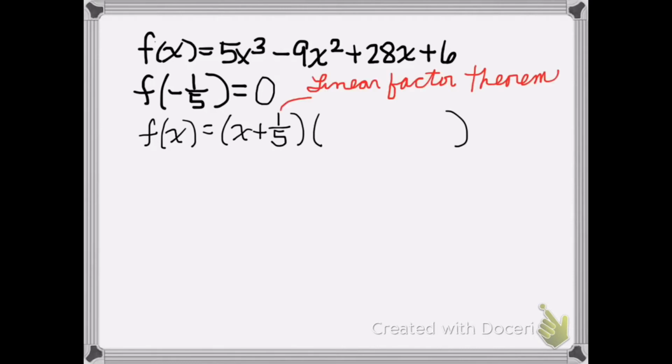That is using the linear factor theorem. So if negative 1/5 is a root, then x minus negative 1/5 is a factor. So there's just a little terminology we want to be familiar with. And of course we know now that we can find the other factors by division.